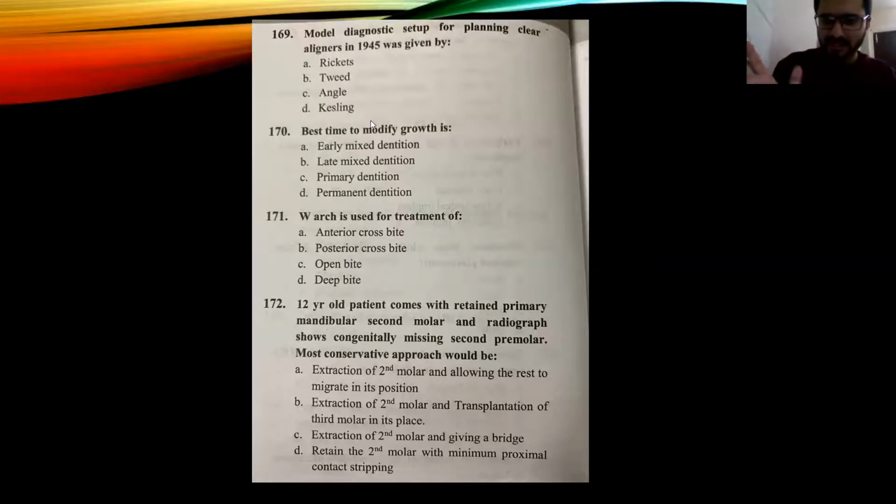So that is why you will do some stripping and you will reduce the size so that it is almost the size of a permanent mandibular second premolar. Understood the point? Because there is a difference in the width of primary molars and your permanent premolars, that is why you get the leeway space. Did you guys understand this point?